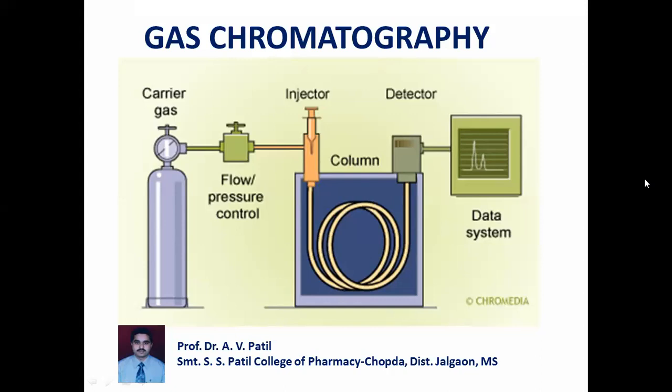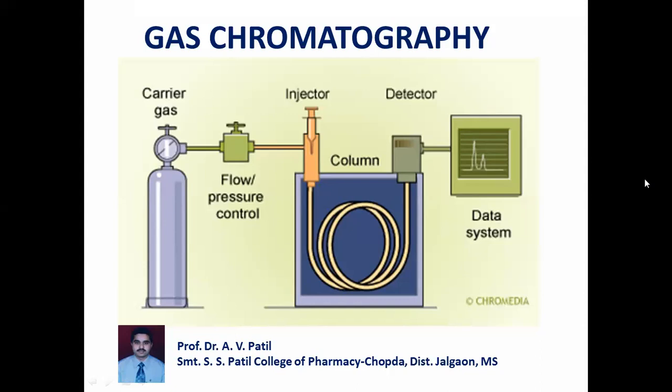So here the technique is modified with some accessories, or say instrument. It is an instrumental method. Now this chromatographic technique is an instrumental method for the separation, for the isolation of the components, and particularly for volatile, for gaseous samples.